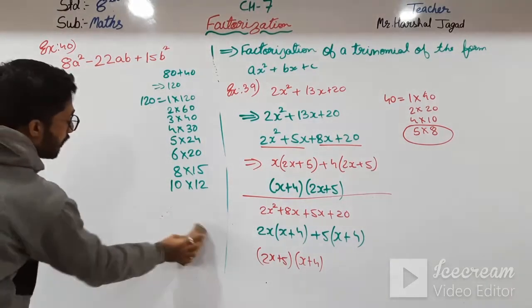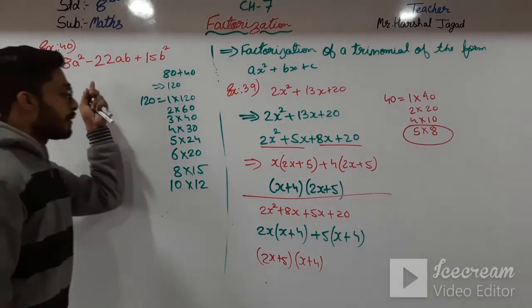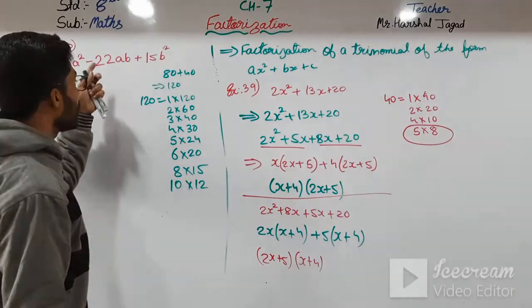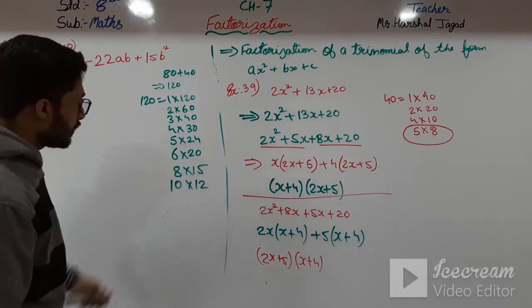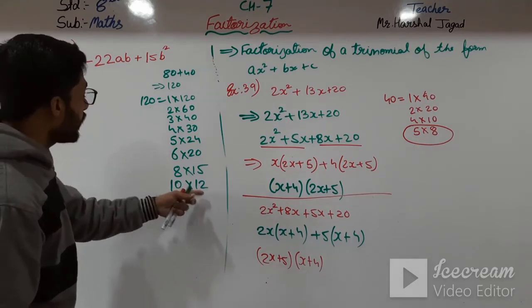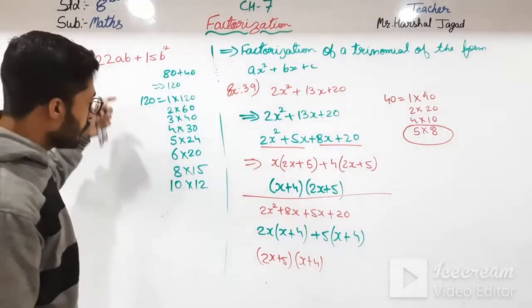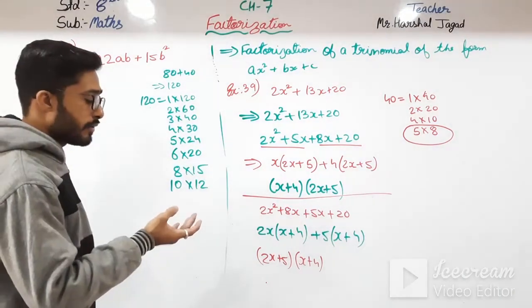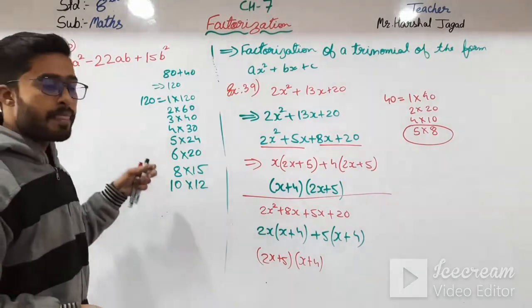and we have to see which pair is suitable by adding or subtracting to get 22. What should be added or subtracted to get 22? 10 plus 12, that is 22. Okay, students, 10 plus 12 is 22. 15 plus 8 is 23, but here it should be 22.